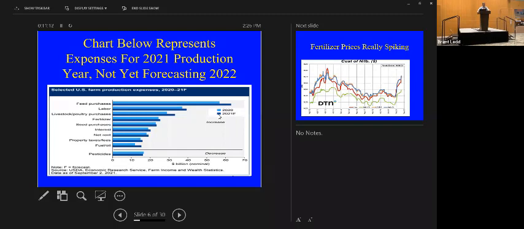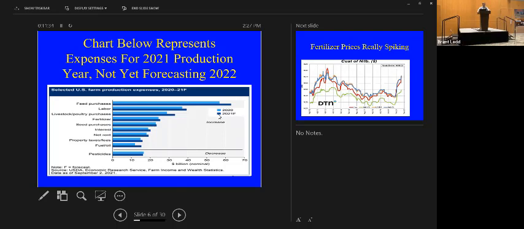Labor shows up, the bar being quite a bit longer for 2021 there than it was for 2020. Stocker livestock purchases, that would be the third bar there, a little bit higher. Of course, that's all driven by a margin. That one there I don't worry about quite so much.